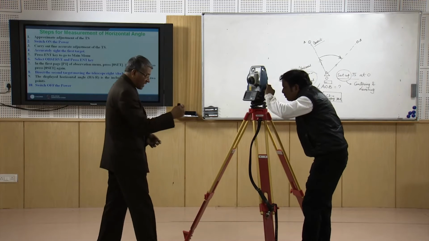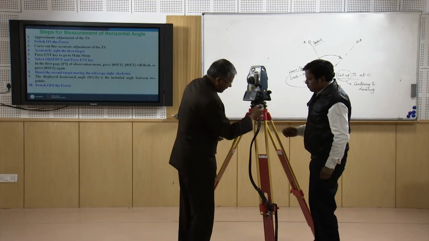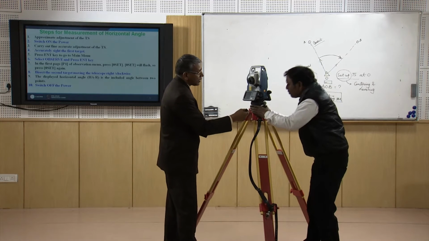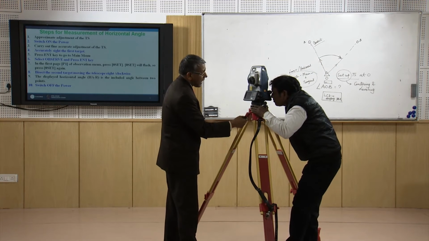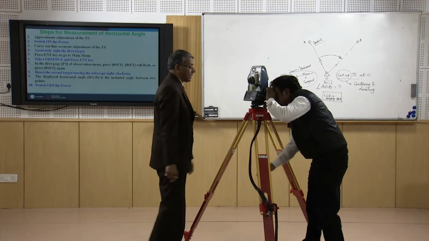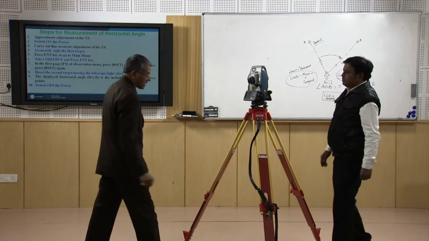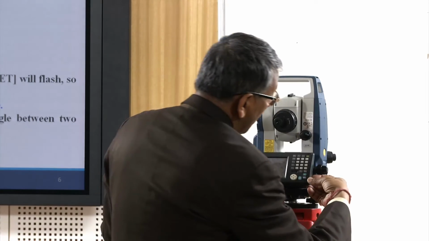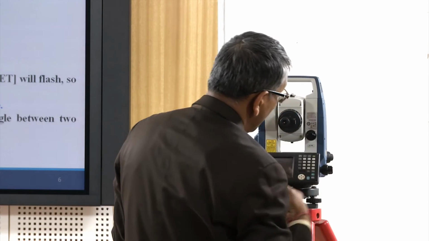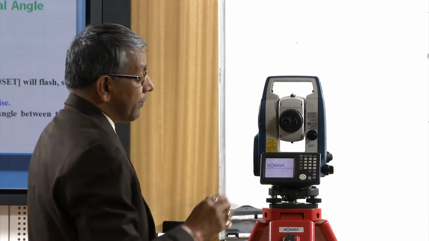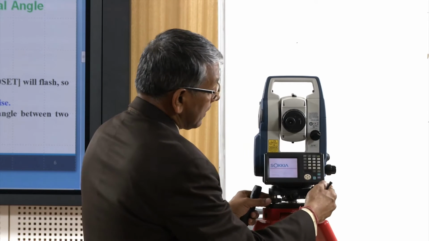Now if there is any mistake, then we can open this one and shift the instrument, and by shifting the instrument we can center it. So that is what approximately centered and level means. After doing this, we have to switch the power on. If we switch the power on, then our instrument will be on.